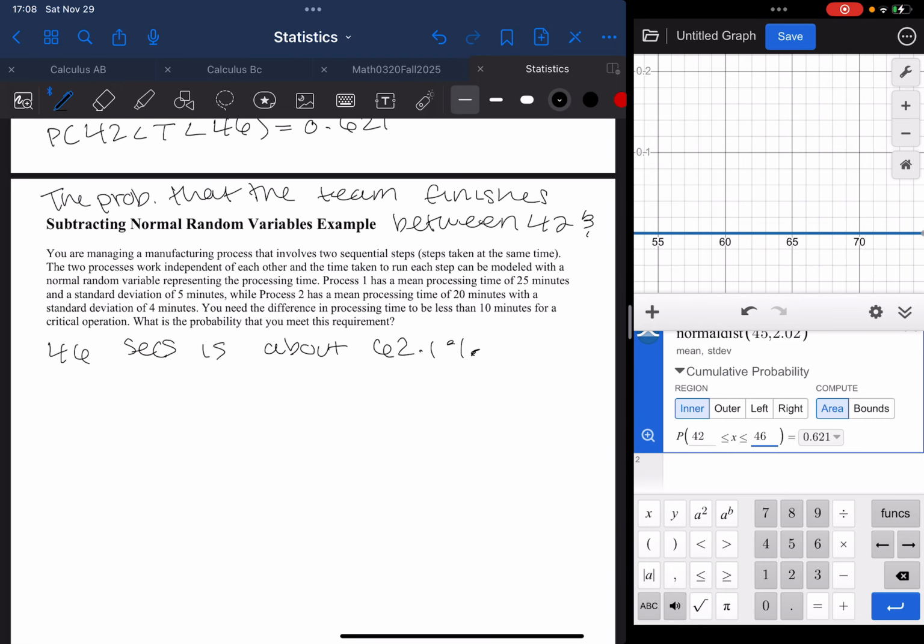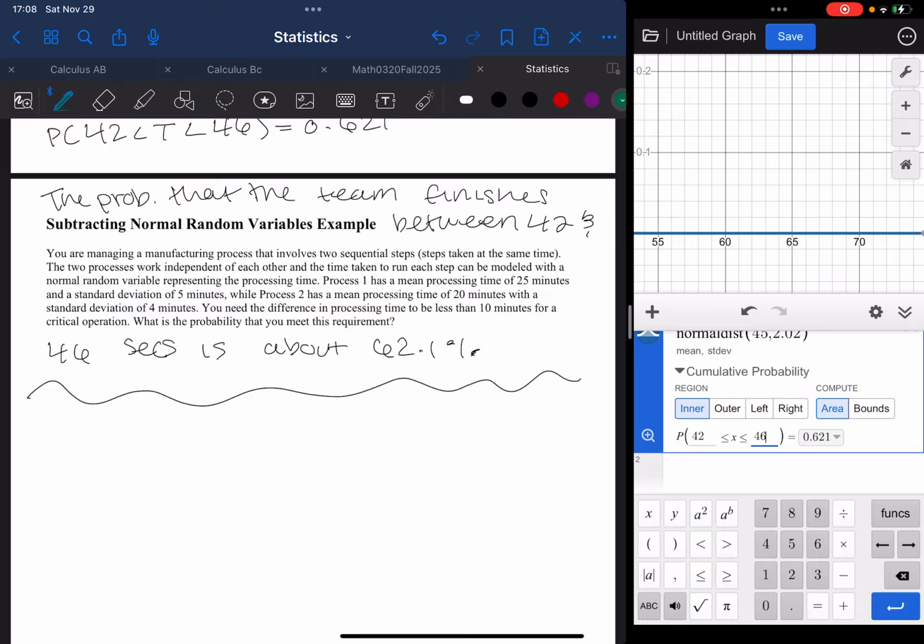Okay, and then the last topic here is talking about subtracting normal random variables. So we're looking at that example. I'm sorry I went into here, so not to confuse anybody, I am going to change my color. So it says you are managing a manufacturing process that involves 2 sequential steps taken at the same time.